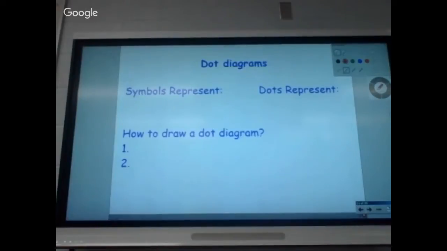Alright, so we're gonna finish with dot diagrams. Dot diagrams are the easiest things we do all year long.